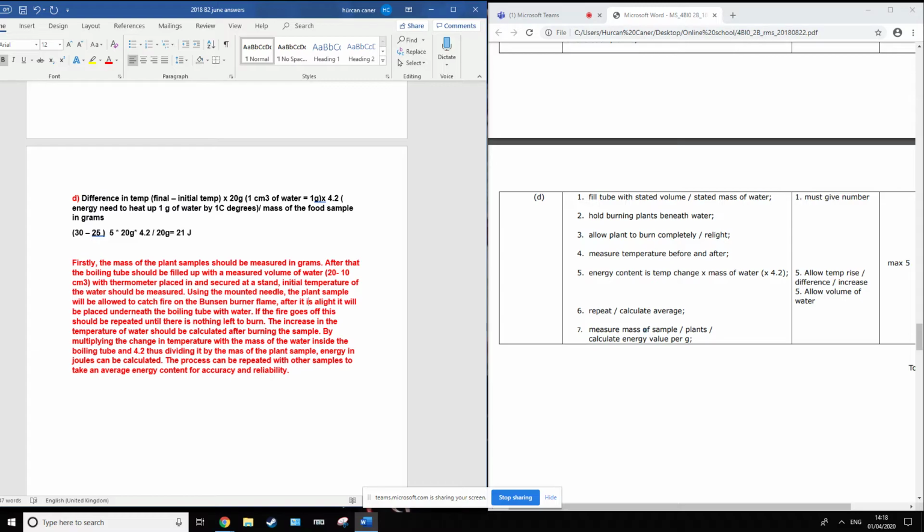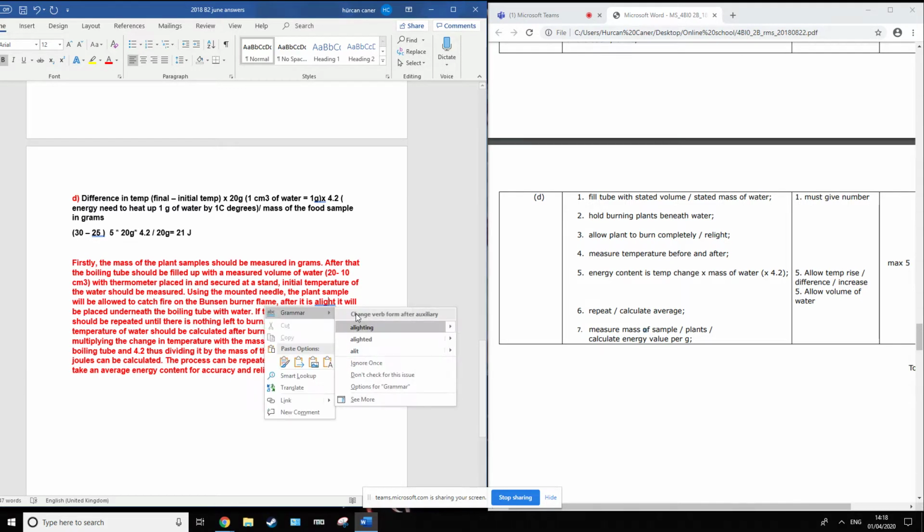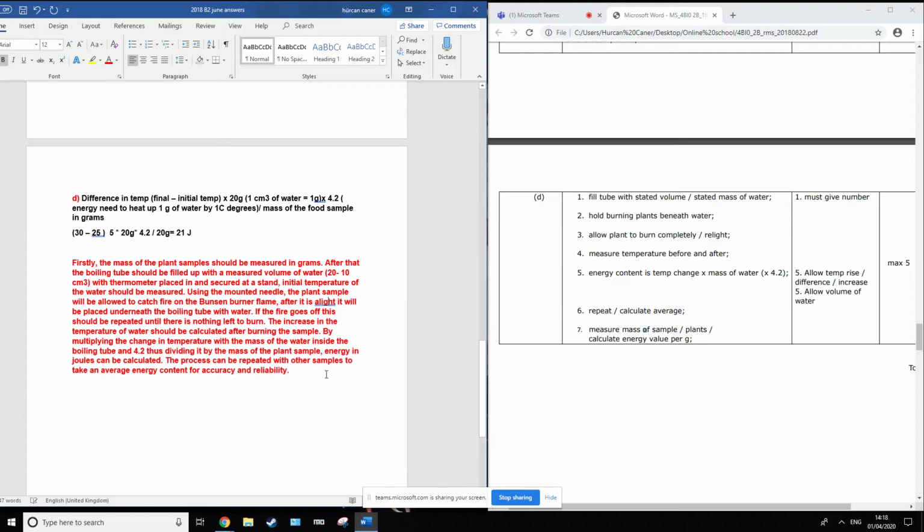By multiplying the change in temperature with the mass of the water inside the boiling tube and 4.2, thus dividing it by the mass of the plant sample, energy in joules can be calculated. The process can be repeated with other samples to take an average energy content for accuracy and reliability. Other, let's say, plant samples.